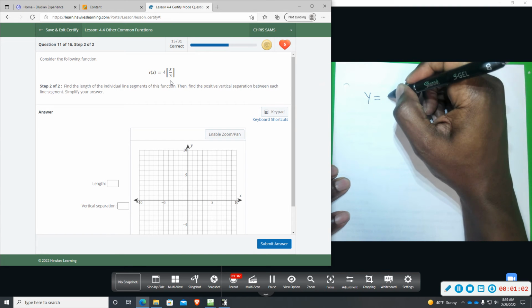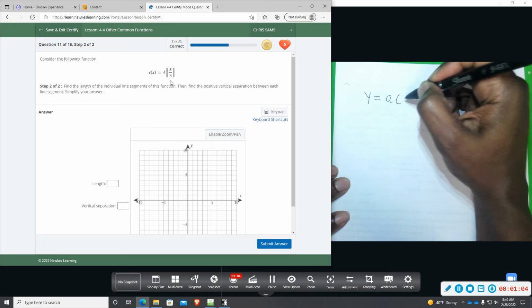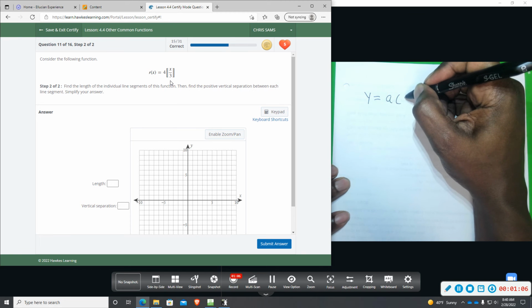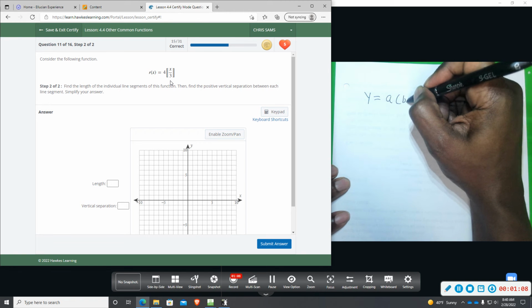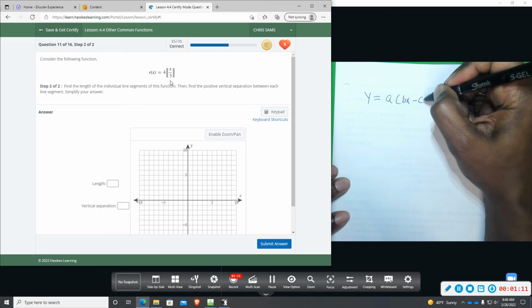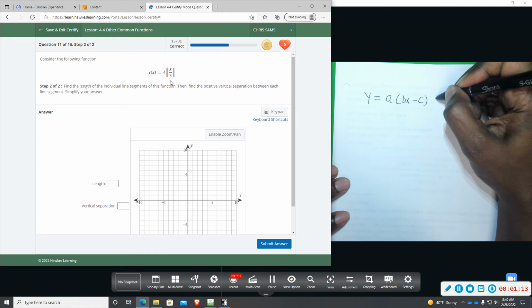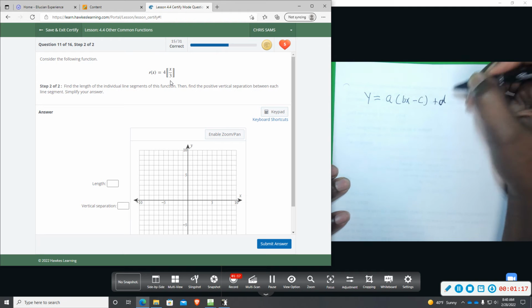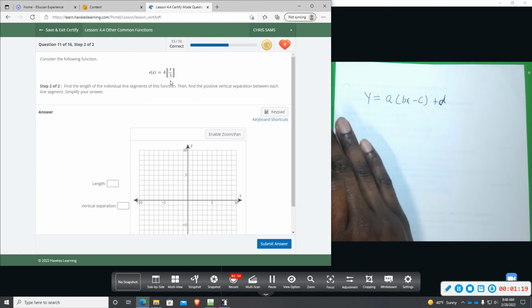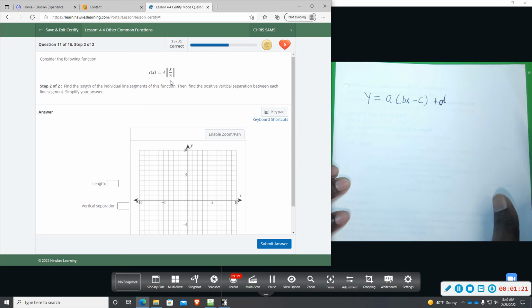Y equals A, then open parentheses, B x minus C, close parentheses, plus D. So each of these letters, A, B, C, and D, will transform the graph one way or another.